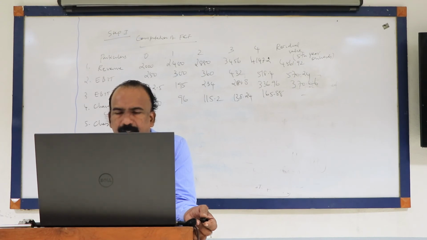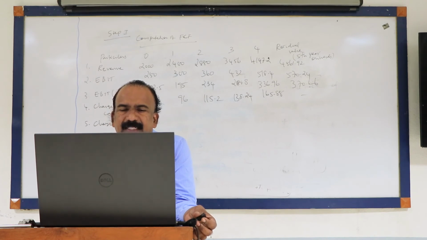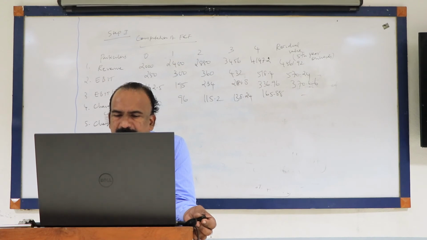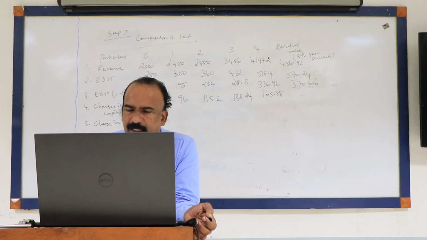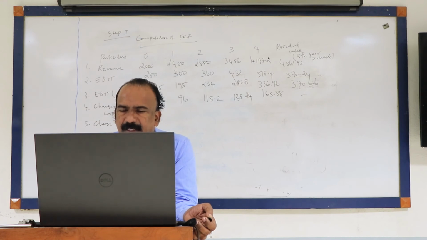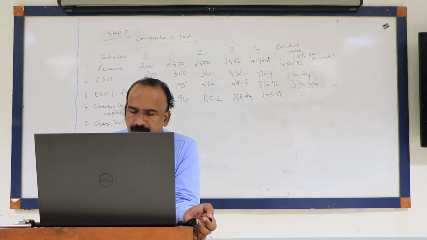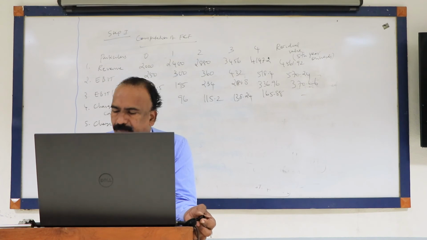As a percentage of revenue, it is given as 25%, but as per the base year information, it is 20% of revenue. So please kindly change it to 20% everywhere, not 25%, 20%.